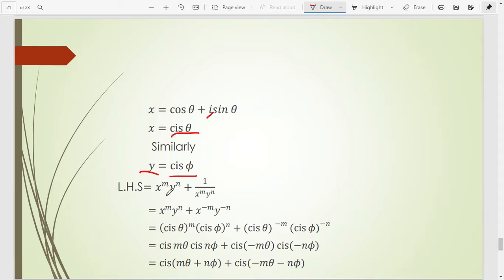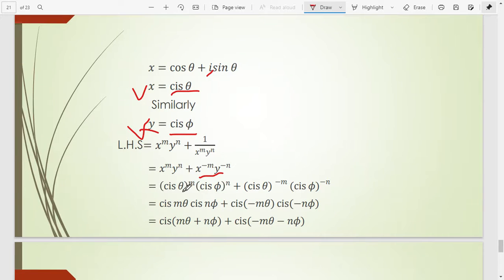Now we take left hand side x raised to m into y raised to n plus 1 upon x raised to m into y raised to n. So we can write x raised to minus m into y raised to minus n. Now put the value of x and y. X is equal to cis theta and y is equal to cis phi.